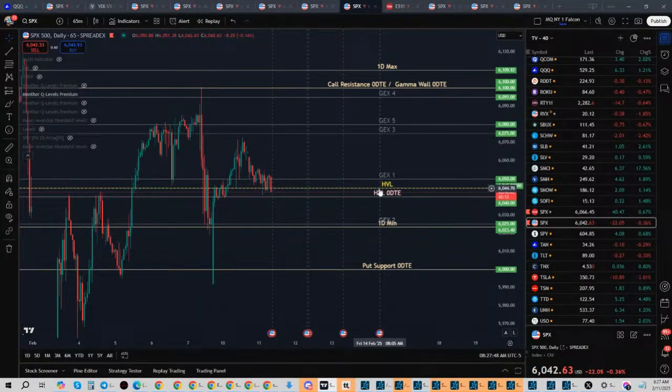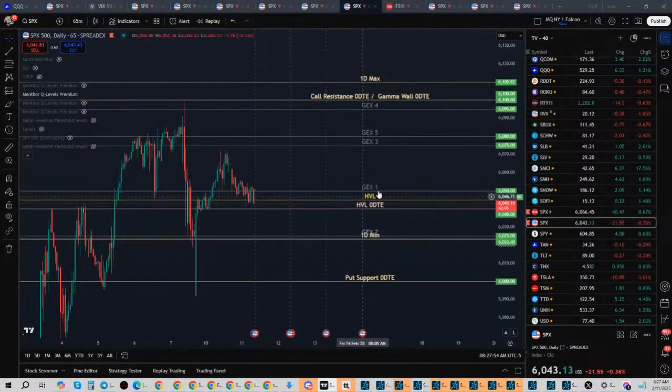And then this HVL area can become a magnet back up again. So the opening few minutes watching the 60-50 area is going to be crucial. Thanks for pointing that out, Joel.